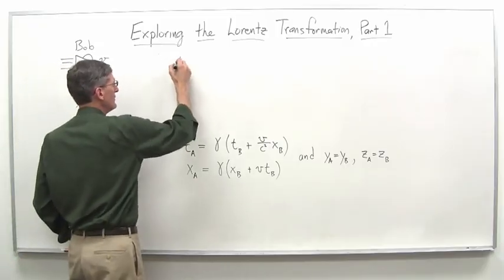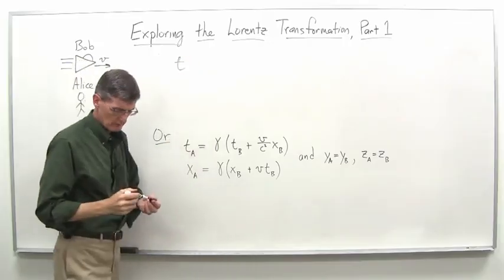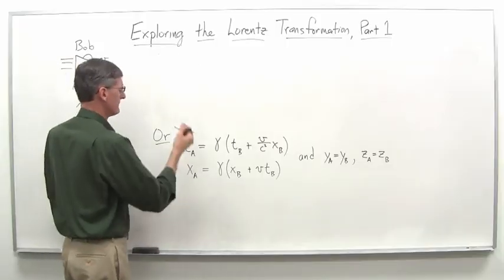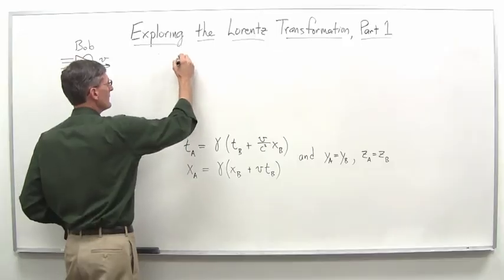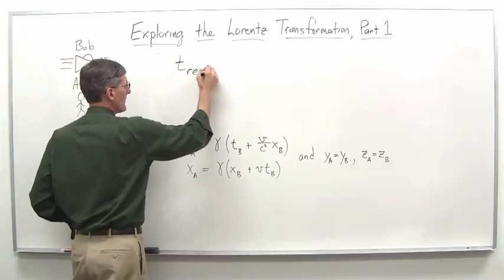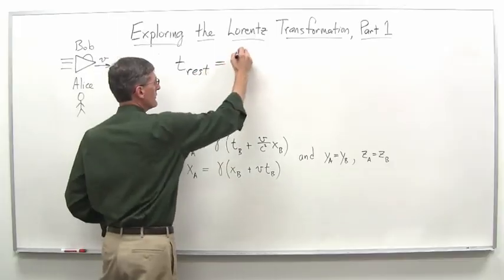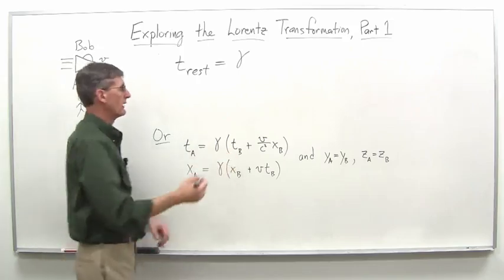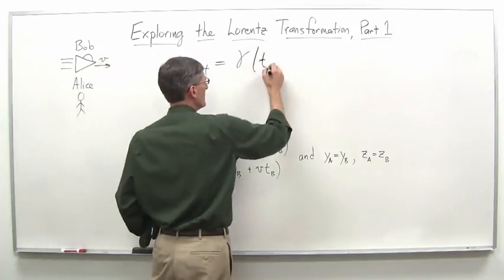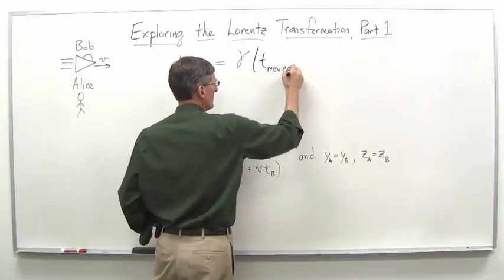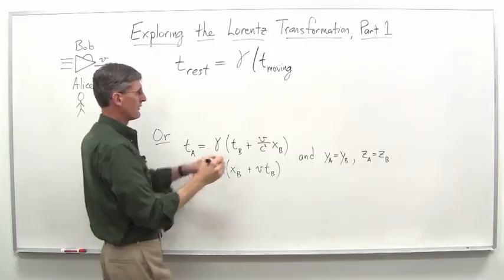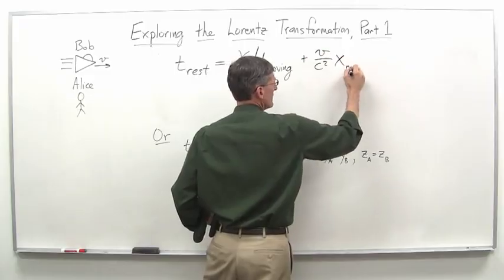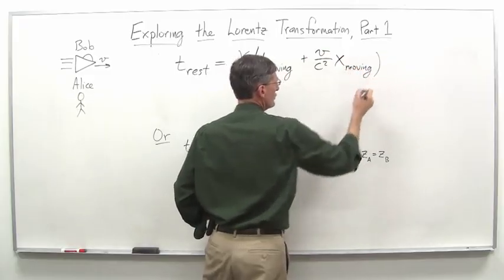We'll say T rest equals gamma, still being the Lorentz factor, times T moving, since TB is our moving frame, plus v over c squared times x moving.